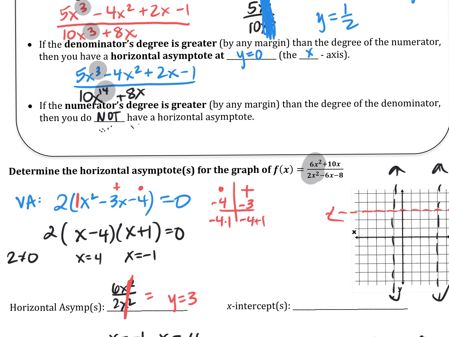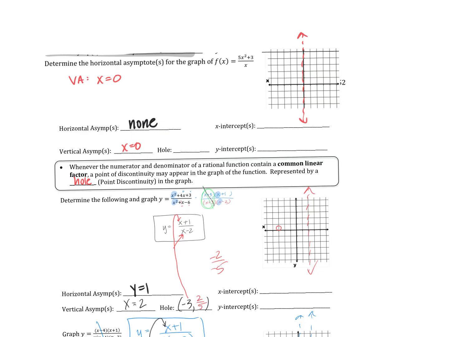X cubed plus 4x squared minus 9. And Danny Main said, I'm just going to put that over 5x. Because the exponent on the top was bigger than the exponent on the bottom, we will never have a horizontal asymptote. Because the degree on the top is bigger than the degree on the bottom, we have no horizontal asymptote.